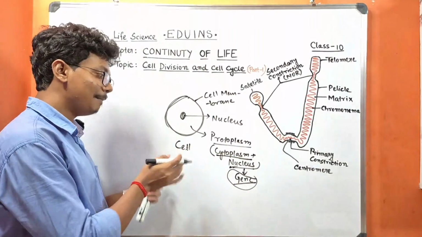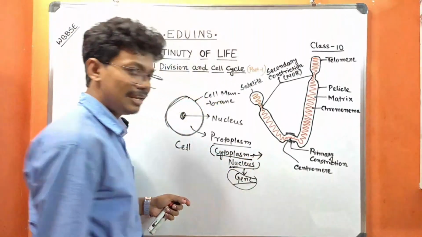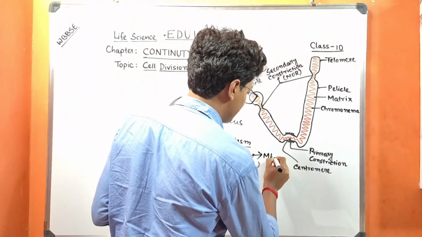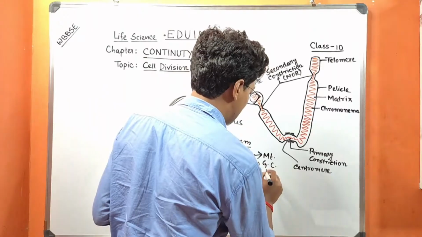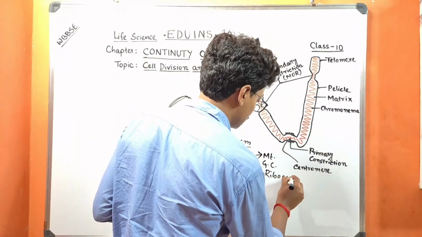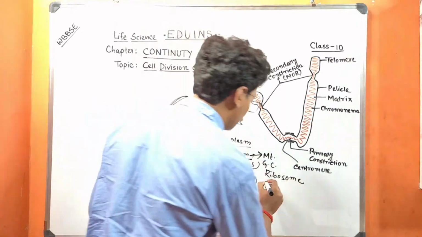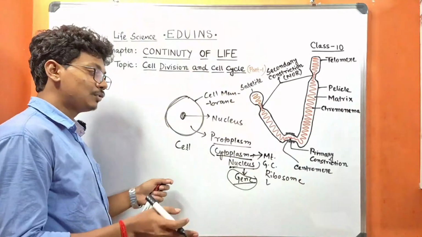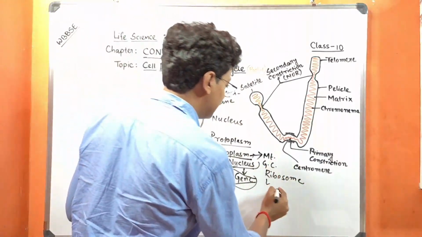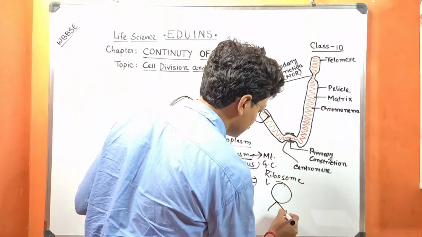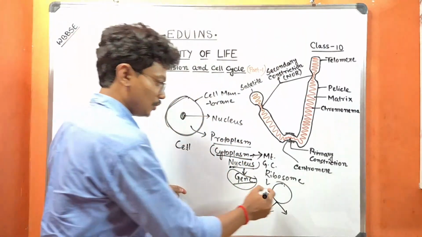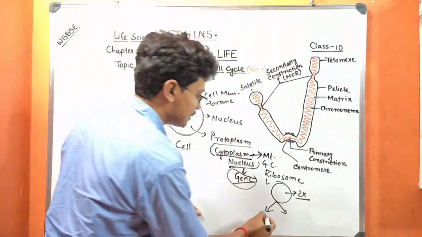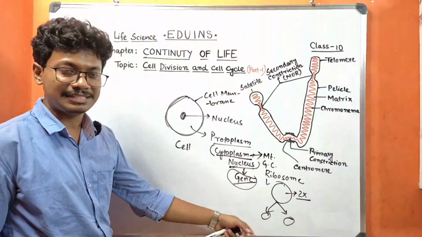The cytoplasm contains several types of cellular organelles like mitochondria, Golgi complex, ribosomes, and proteins, lipids, etc. They all have to be divided and doubled so that the cellular content is 2x, which can give rise to two similar cells.